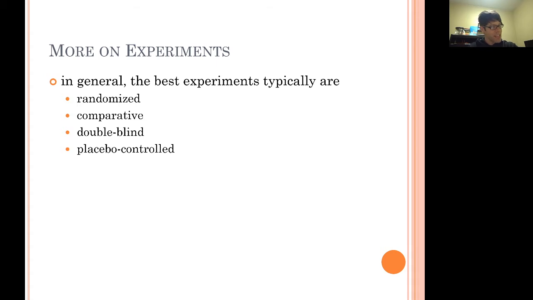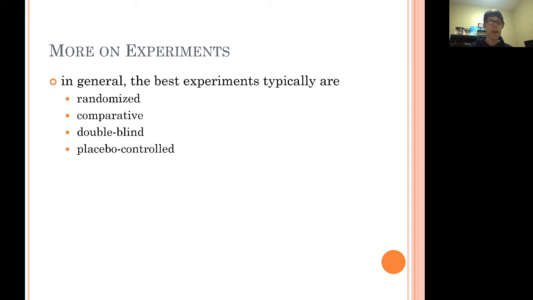So these are the key ideas when it comes to building an experiment. Really good experiments will typically involve one or several of these things. It will be randomized, so we'll try to collect data in a way that's similar to some of those strategies that we saw in the last lesson.